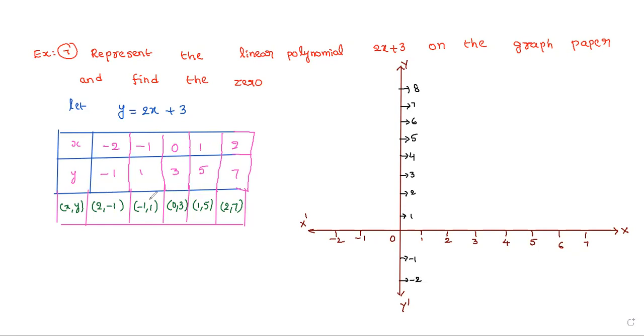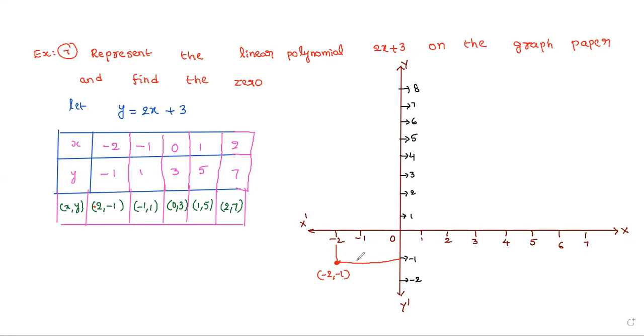The point is located, please observe: minus 2 comma minus 1. That means the point lies in the third quadrant. This is the point minus 2 comma minus 1.